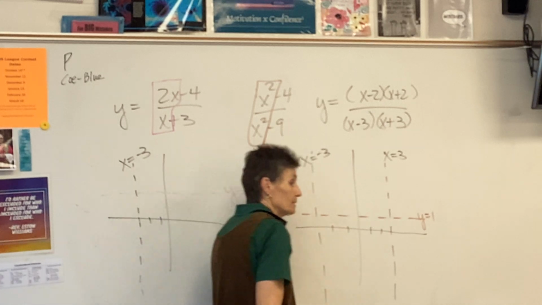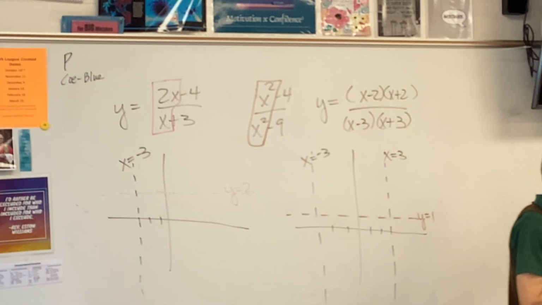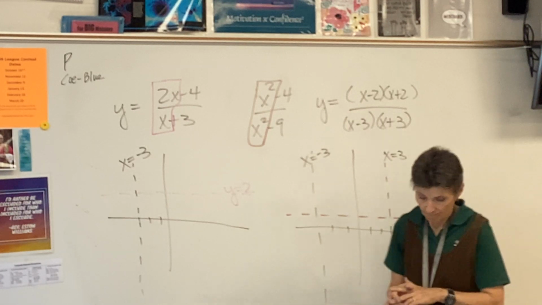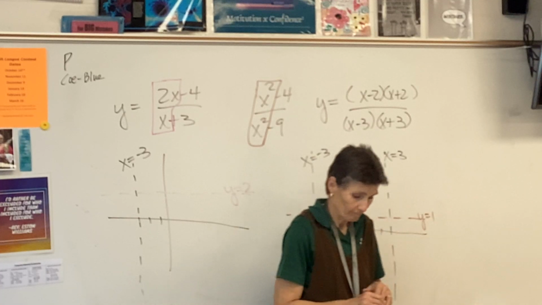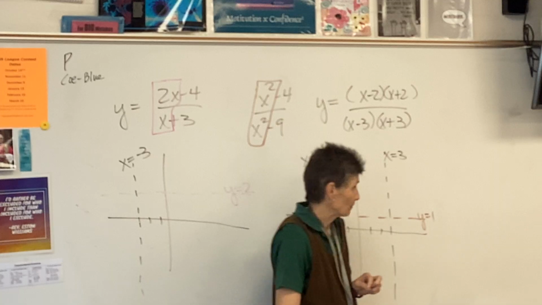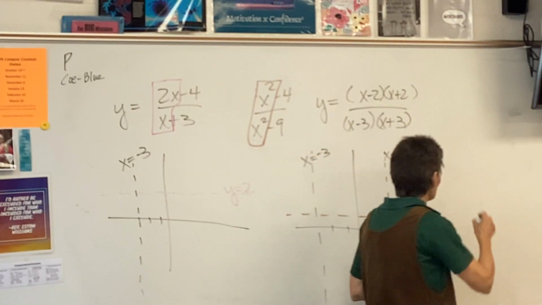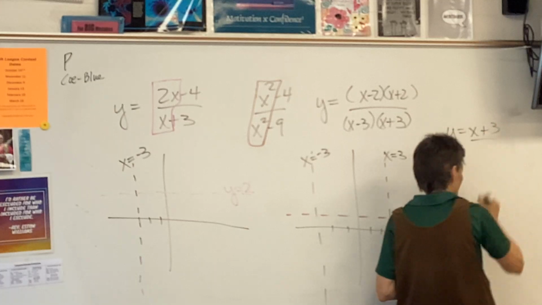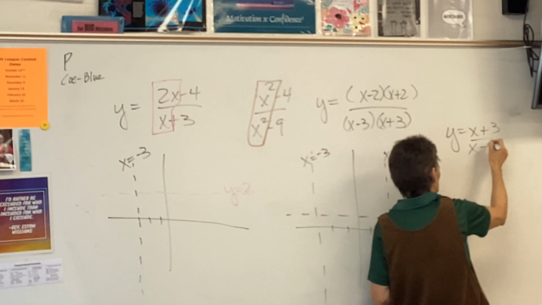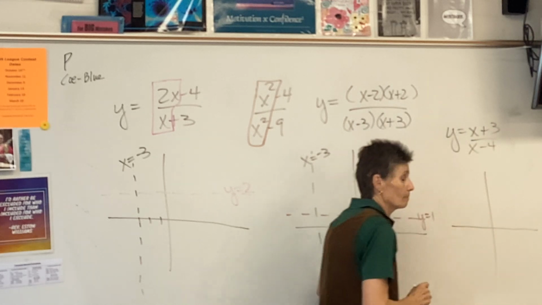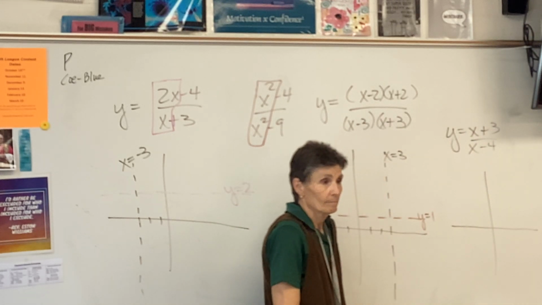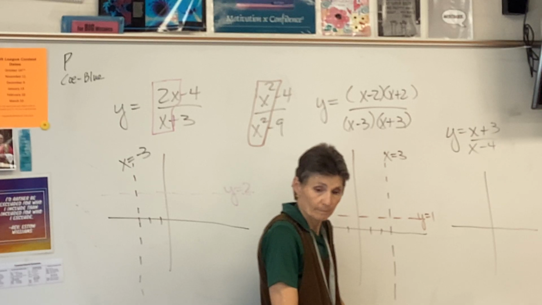Alright, you do C. Problem C. See if you can find a vertical asymptote, a horizontal asymptote, and a hole. Have you found any of it yet?